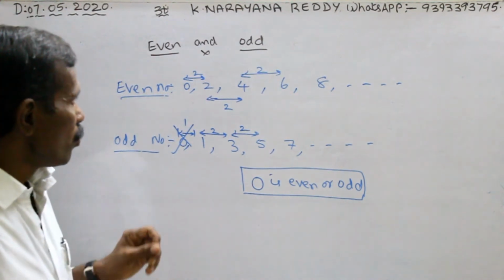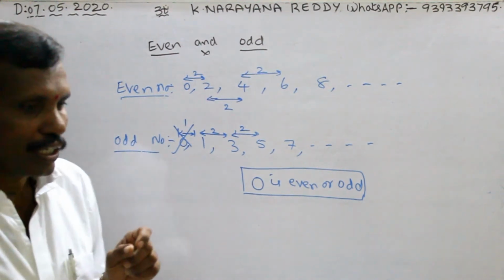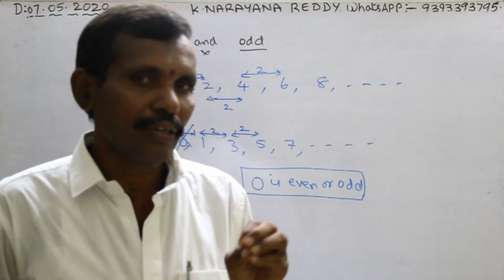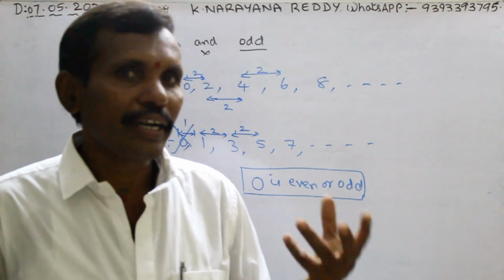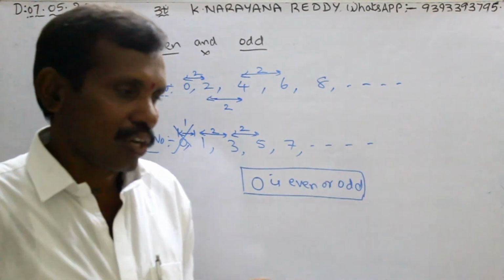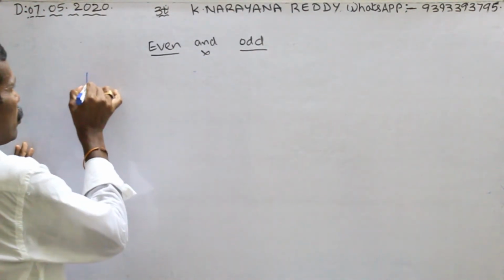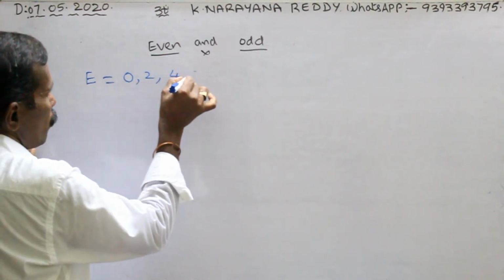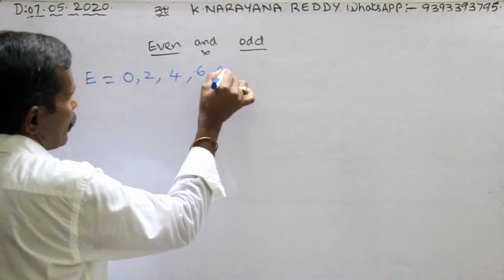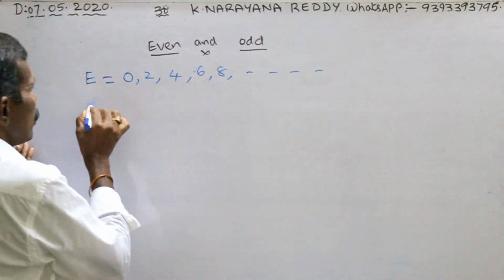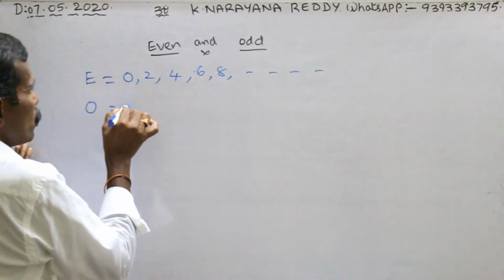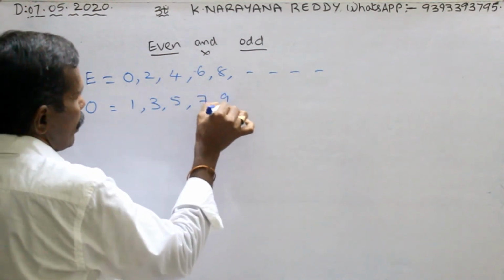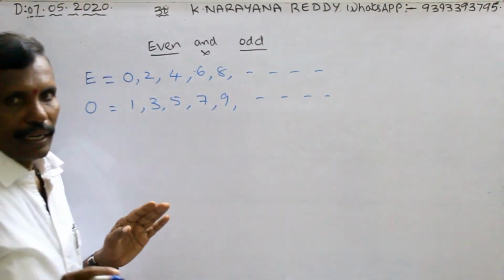Now why are we using these odd and even digits, even numbers, for different arithmetic calculations? Already you know clearly even equals 0, 2, 4, 6, 8, etc., and odd equals 1, 3, 5, 7, 9, etc. Clear now?